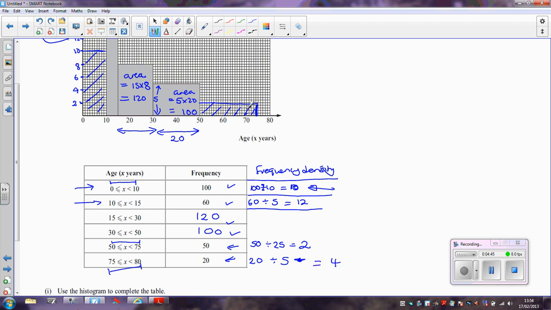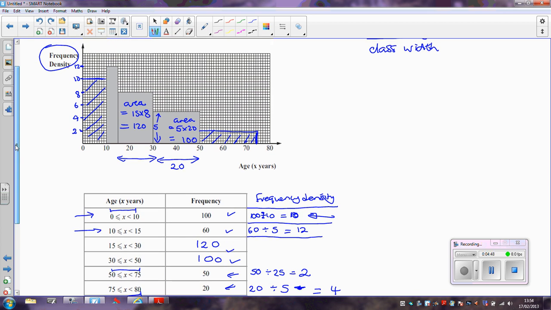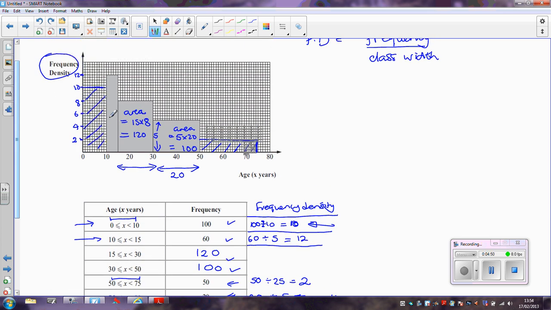So if we're looking at the last group here, the width is from 75 to 80, but we're going up to 4. So if we just mark that here, 4 is going to take me to here, isn't it? 1, 2, 3, 4, 5. In other words, the height there is 4, and that's my last rectangle.